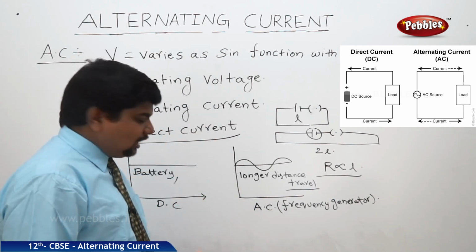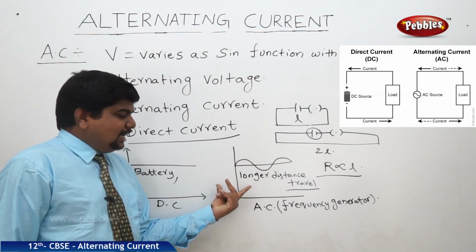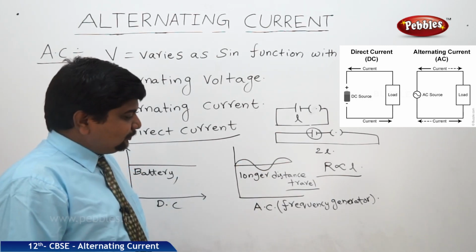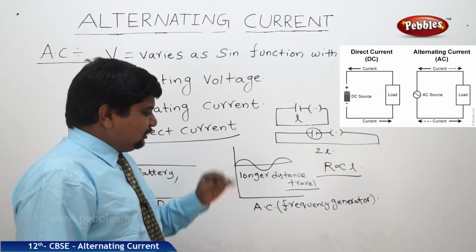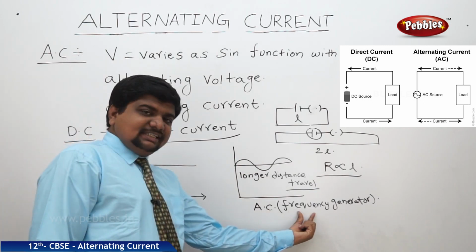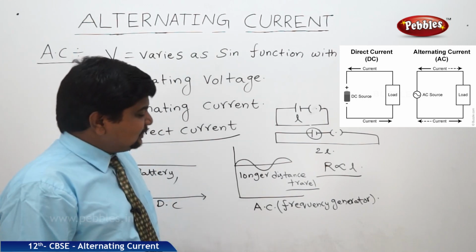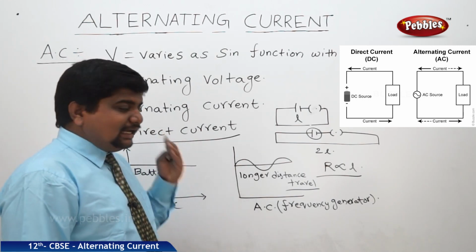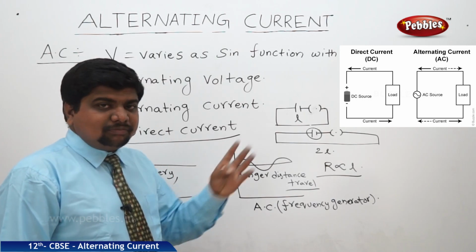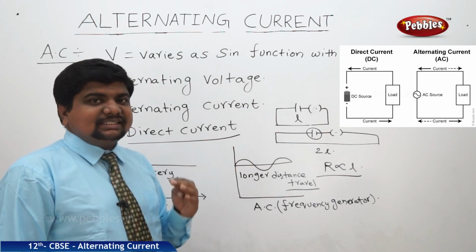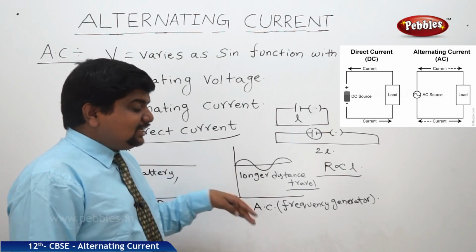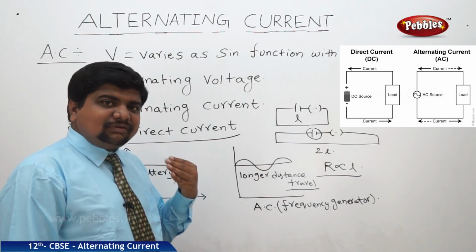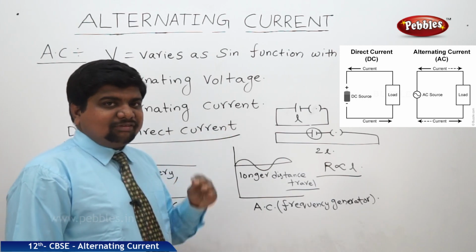Now in this lesson, up to now we have discussed the advantages of AC with respect to DC. AC can travel longer distances, and the frequency is also generated within the AC current. Now if this AC current is traveling through different electrical instruments or objects like a resistor, capacitor, inductor, how will this AC current behave, and what are the equations of the voltage and average power consumed by the electrical equipment?